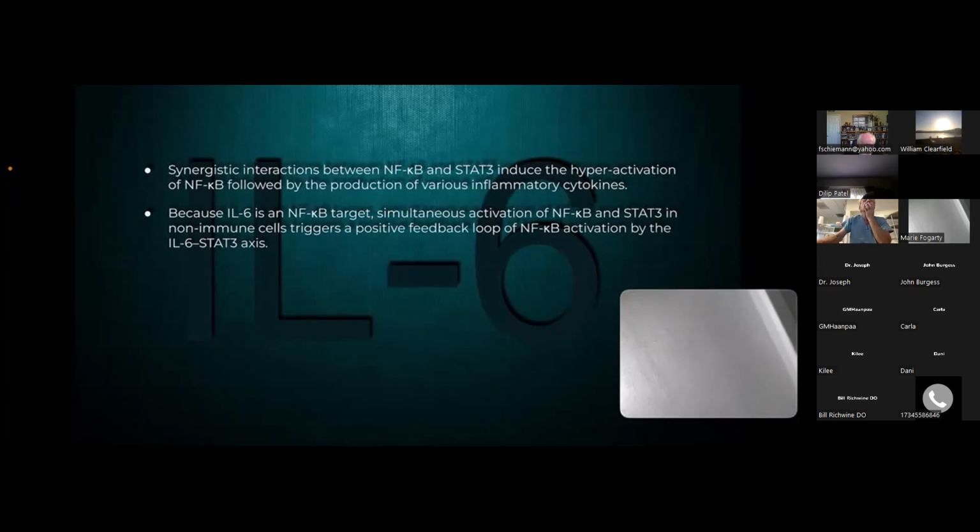Well, that activates and triggers in a loop the NF-kappa beta, because the interleukin-6 and the interleukin-17 can activate the STAT, and when STAT gets activated, that enhances NF-kappa beta that's already activated. Okay, so I had to go through a lot of this stuff in my head. It's not easy.